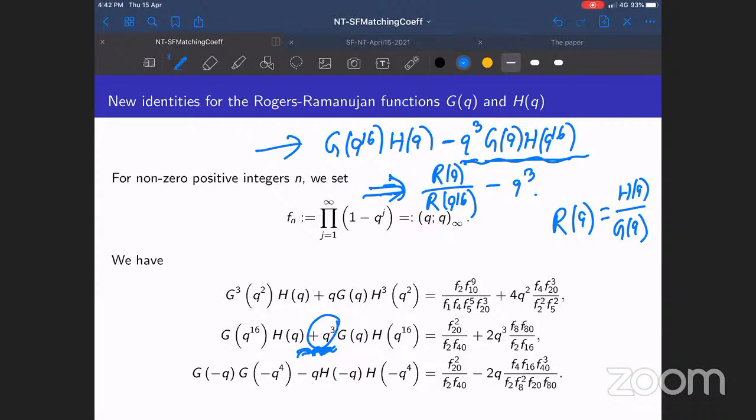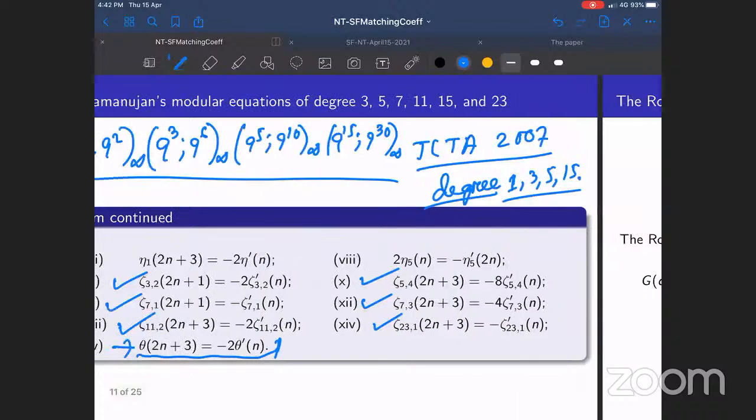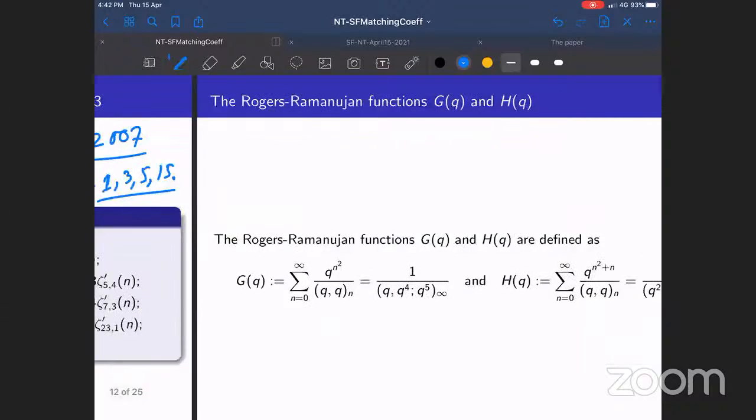Therefore, we actually found this. This is a new result. So this is a new Rogers-Ramanujan relation for G(q) and H(q). Similarly, to prove the other theorems, all these.